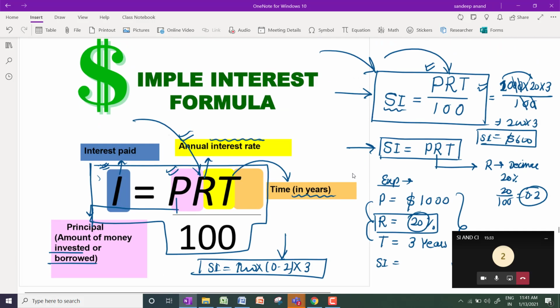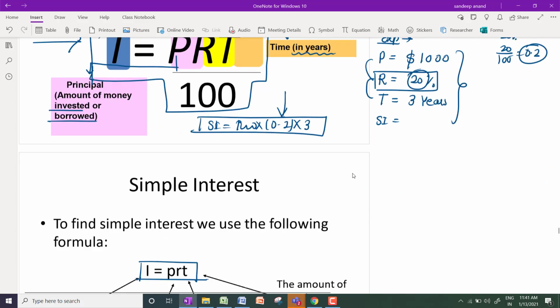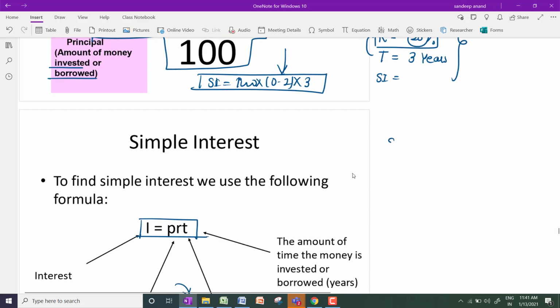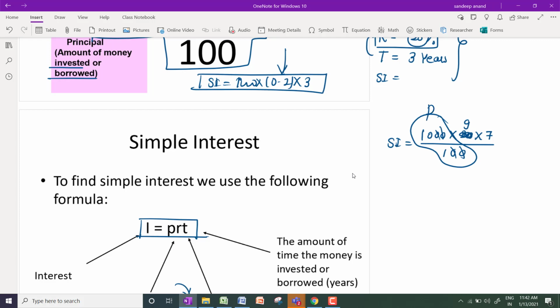The second reason I recommend learning this formula is for competitive exams. Suppose you want to calculate simple interest where your P value is 1000, R is 9, and T is 7, divided by 100. In this case you can cancel the 100 with the P value.